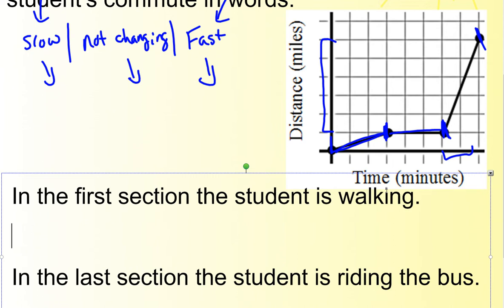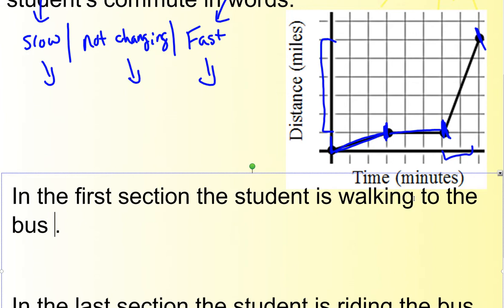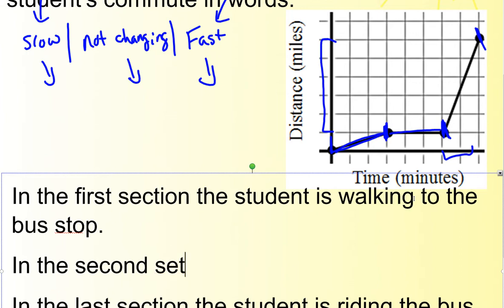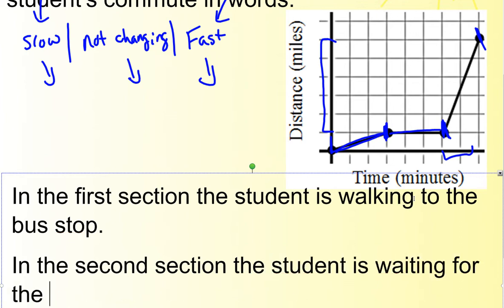So let's add that. In the first section, the student is walking to the bus stop. In the second section, the student is what? Waiting for the bus. So he's waiting, he's not moving, he's just standing there looking around.